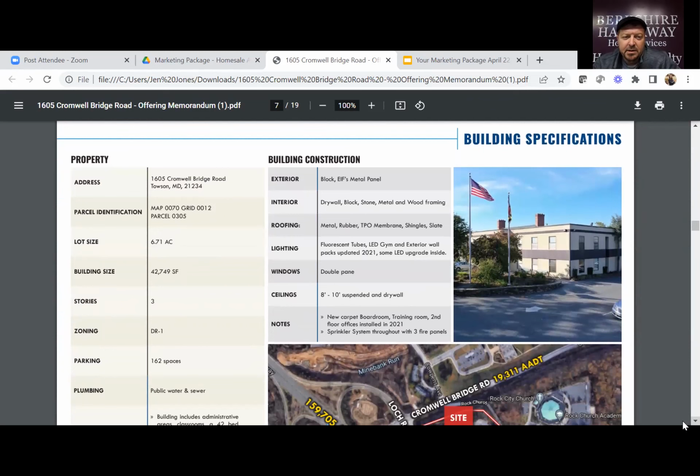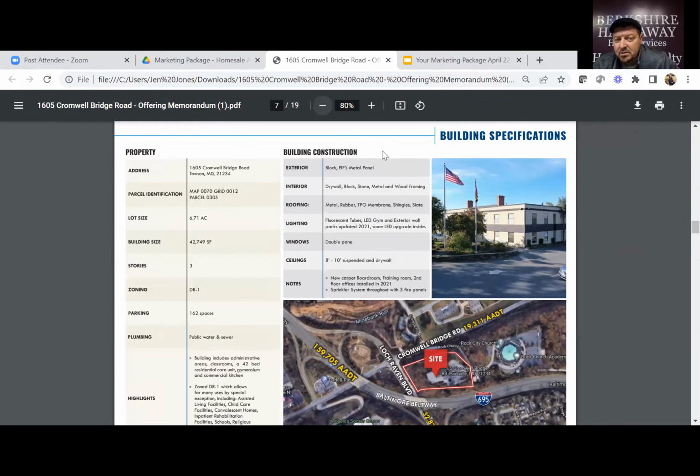Okay, hold here for a second, where they talk about the property address, the parcel, the acreage, the building size, how many stories it is, the zoning. Parking spaces is huge because different tenants or different buyers are going to have different parking requirements. Okay, so a church has to have one parking space for every 2 seats.